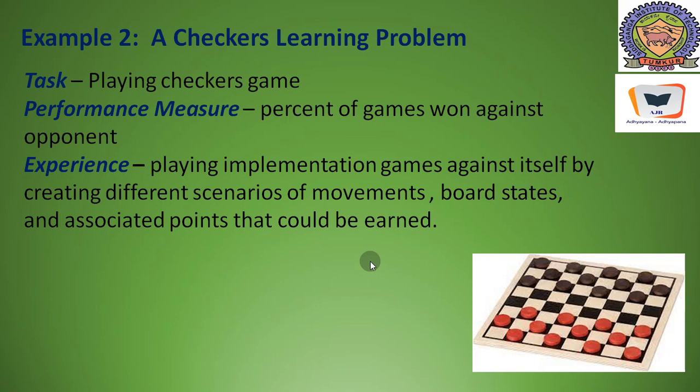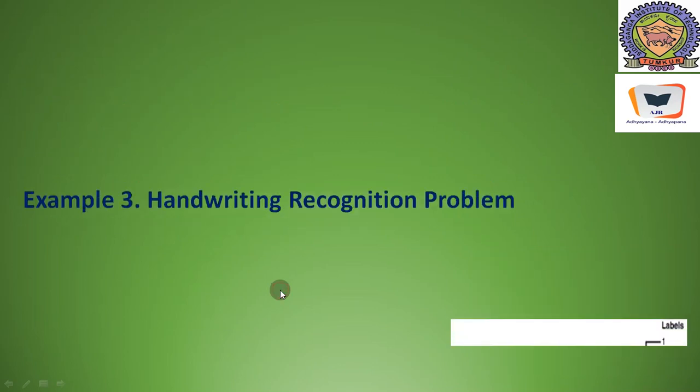By playing practice games against the machine itself, creating different scenarios with respect to the game player, the movements and the board states and the associated points that could be earned, and also the possible opponent's movements. So the experience provided for this particular machine learning problem should be different scenarios of movements, the board states, and the associated points that could be earned.